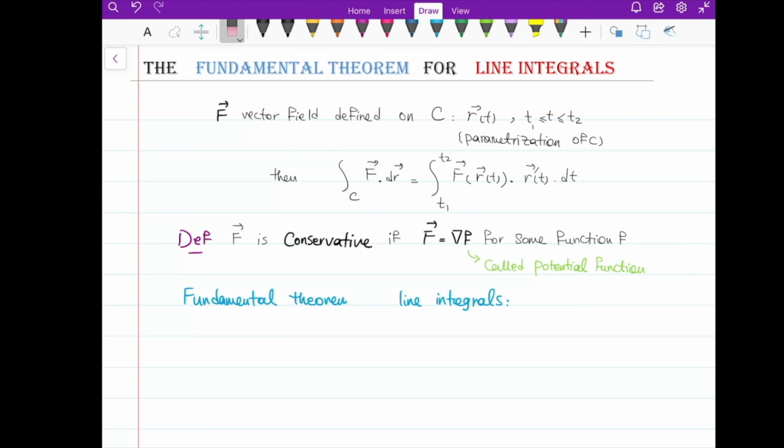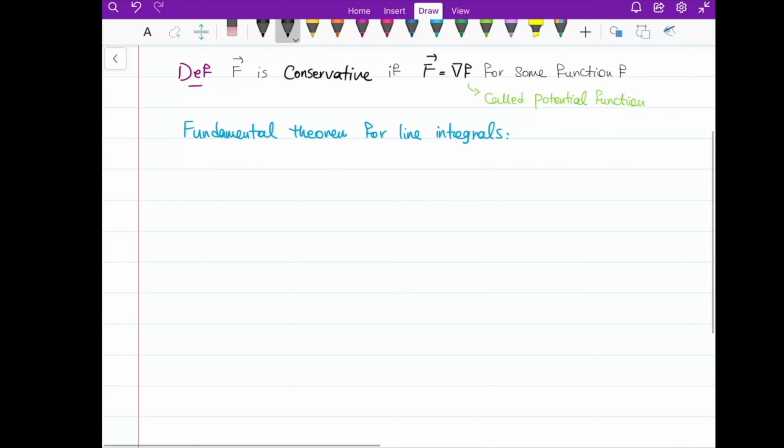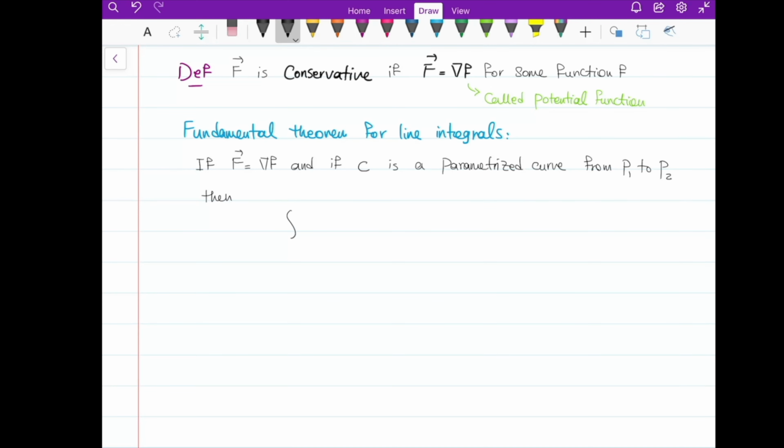The fundamental theorem for line integrals says that if the vector field f is conservative, meaning that it's the gradient of some function, and if the curve C is a parameterized curve from P1 to P2, then the integral of f dr over the curve C is equal to, so what do we have in here?